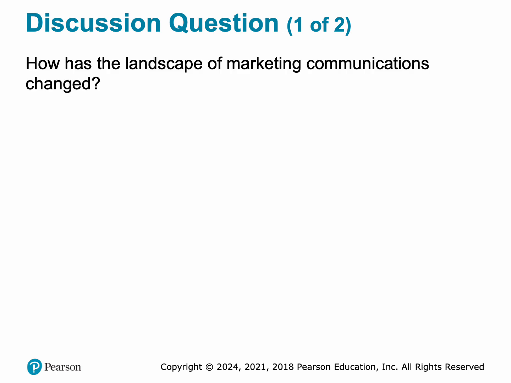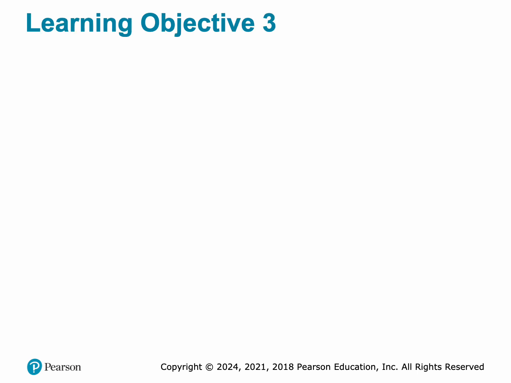So how has the landscape of marketing communications changed? We talked a little bit about that earlier. So let's jump in. Can you name the 9 elements of the communication process? Why do marketers need to understand these elements? So let's look at them.